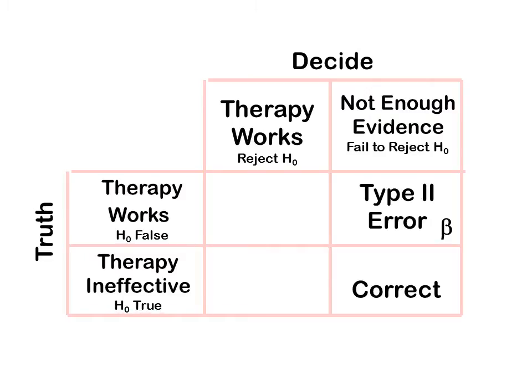On the other hand, if we fail to reject the H0 and conclude there's not enough evidence, when in fact the H0 is false, the therapy really does work, well then we've made a type 2 error. And again, the probability of that is given by beta. Now notice, if we fail to reject the H0, we're either correct or we've made a type 2 error, but it's impossible for us to have made a type 1 error.